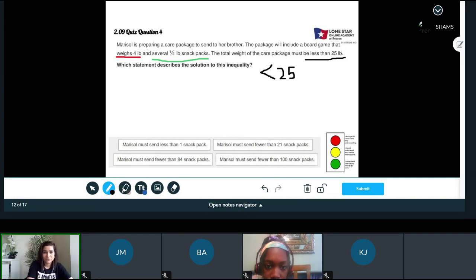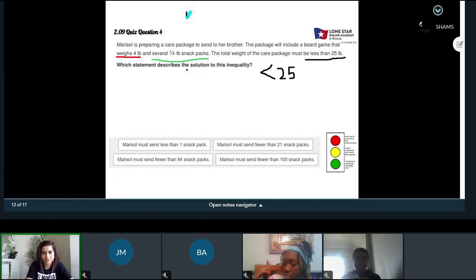Okay, they're talking about snack, and they were pretty smart to not say that very clearly, but they say about the snack that there are several 1/4 pound snack packs. So it kind of tells you that each pack is that 1/4. So if I'm writing the inequality, as you know, 1/4 is 0.25.